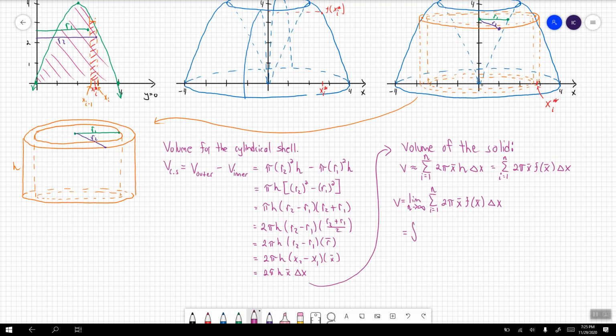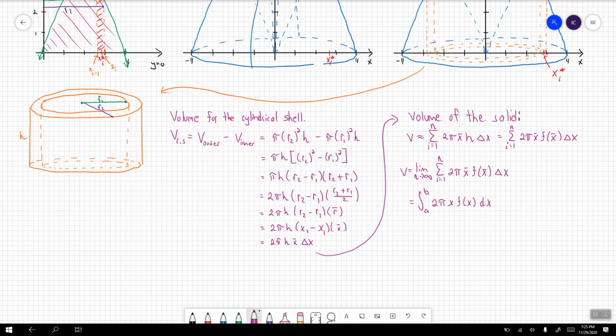We're going to say from the values that we were looking at from a to b, and this is going to be for 2 pi x bar, that's just the sample point, which means it's just going to be some x value multiplied by f of x multiplied by dx. And therefore, this is the volume that we're going to be able to find for this solid when we rotate this region about the y-axis.